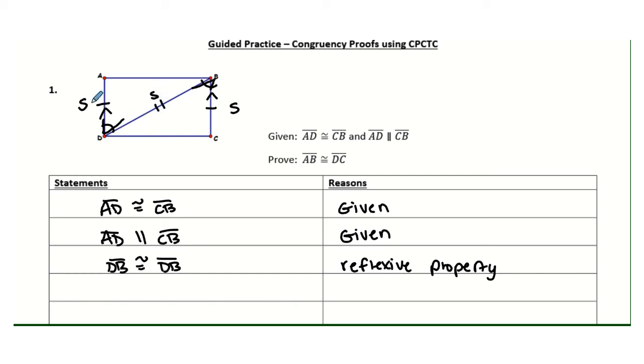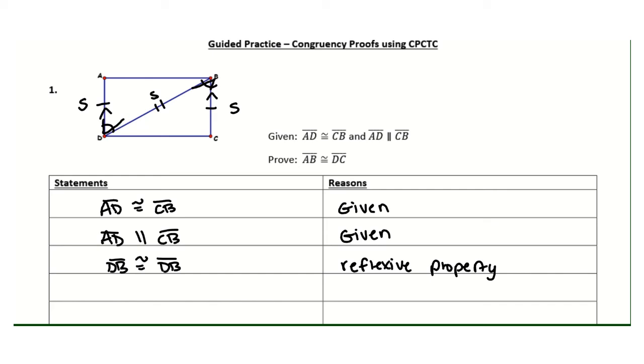And I know with side angle side, the angle has to be in between them. This angle is a part of this triangle up here, and this angle is a part of this triangle down here. Here we can see the angle is in between the two sides, and here I can see the angle is in between the two sides.